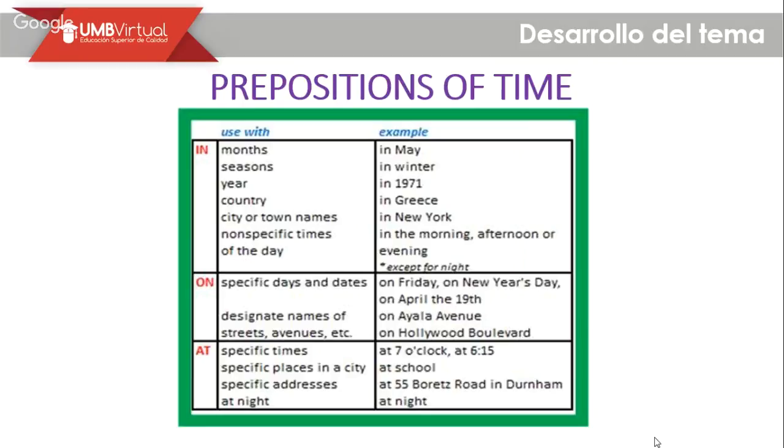But for instance, you were having vacations in 1997. Country, when you are mentioning the specific place, like in Colombia, in Medellin, yeah, those are like different cases.